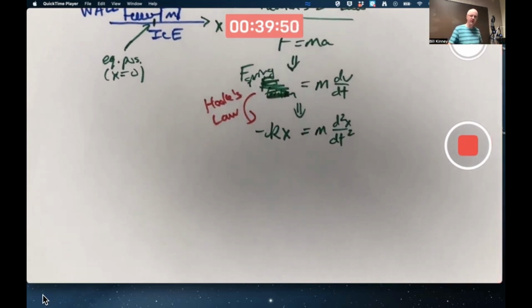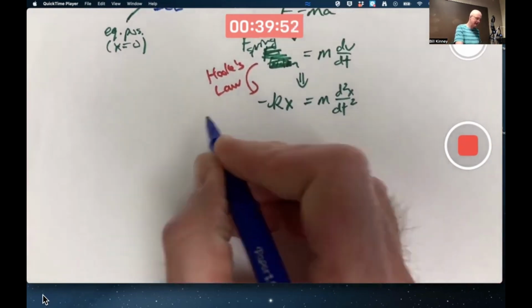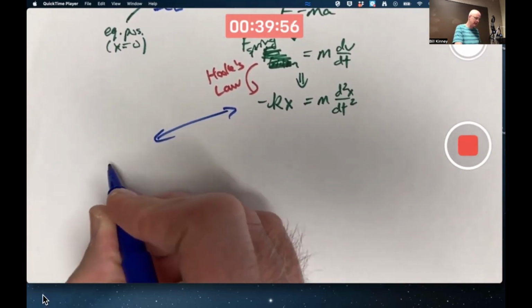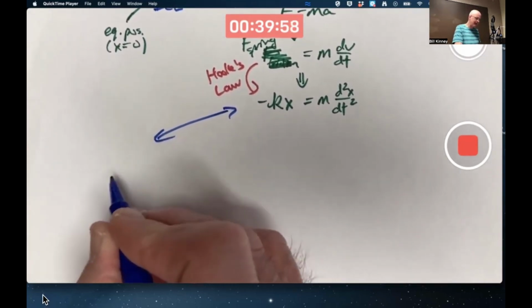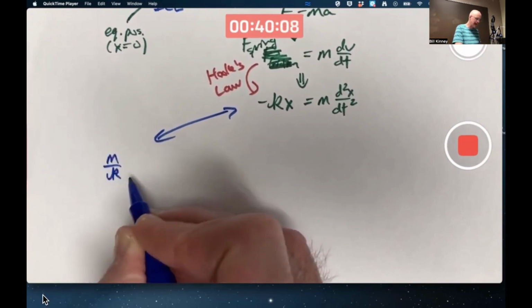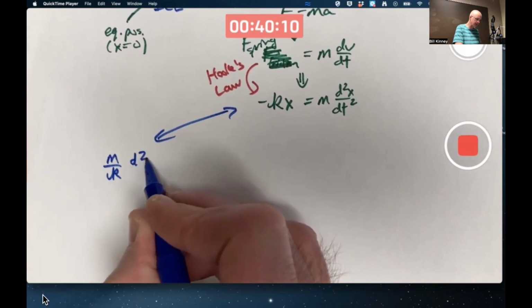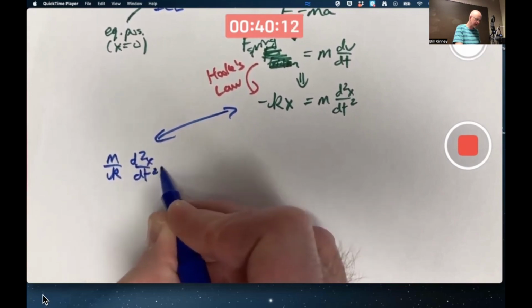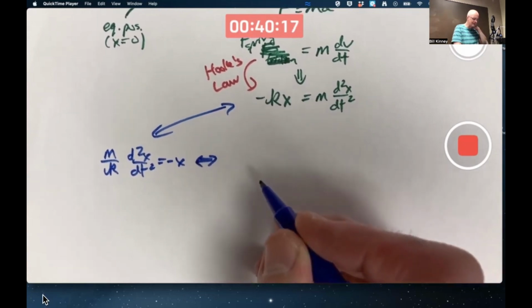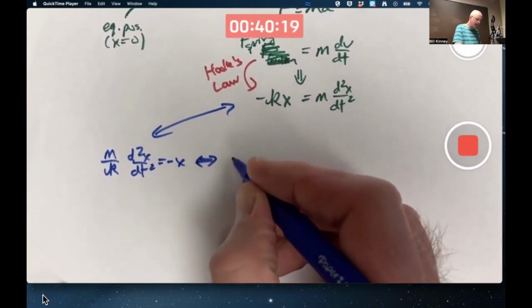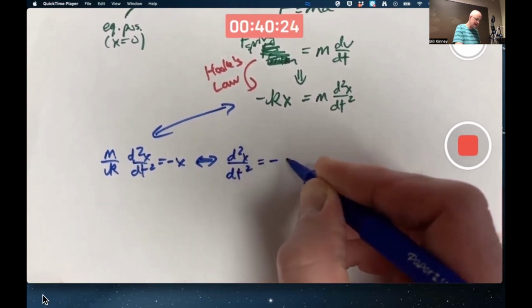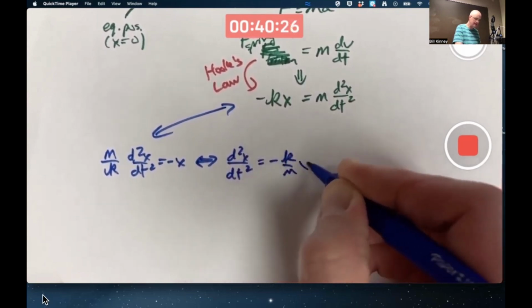There are various equivalent ways to write this. One equivalent way is, for example, to divide both sides by negative k, or maybe just k itself, and write it as m over k times the second derivative equals negative x. A more common way is actually to divide both sides by m and write the second derivative of x with respect to t as negative k over m times x.